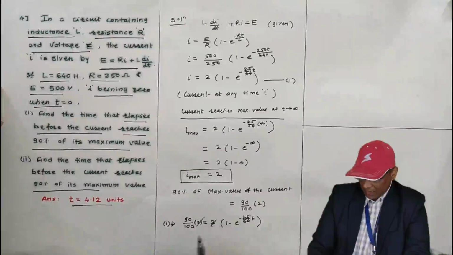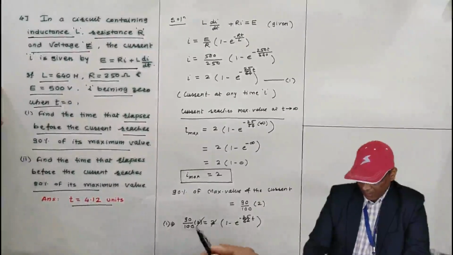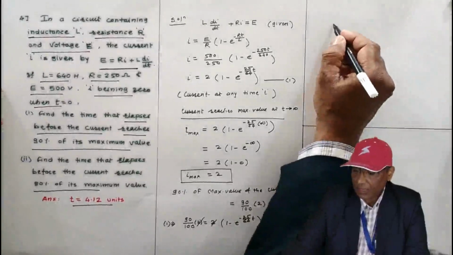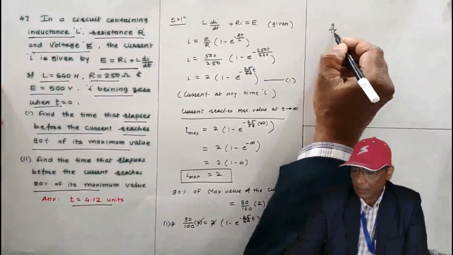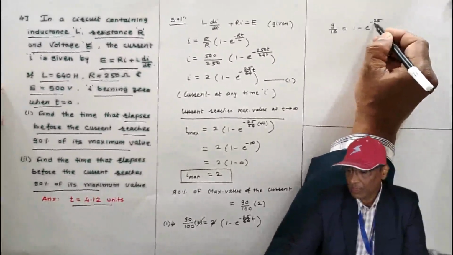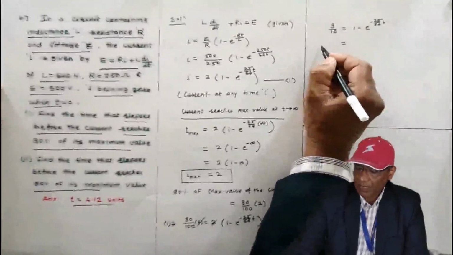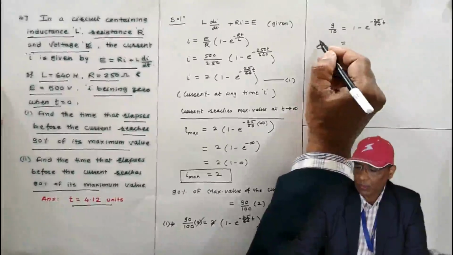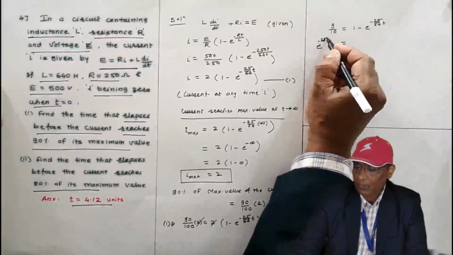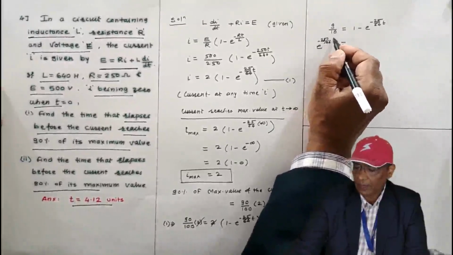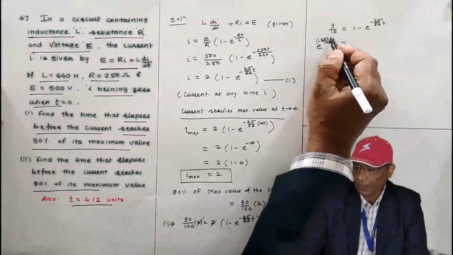Here 2 gets cancelled. Then 90 by 100 is 9 by 10. And 1 minus e to the power minus 25 by 64t. The e term I am shifting to the left hand side, so it will be e to the power minus 25 by 64t.